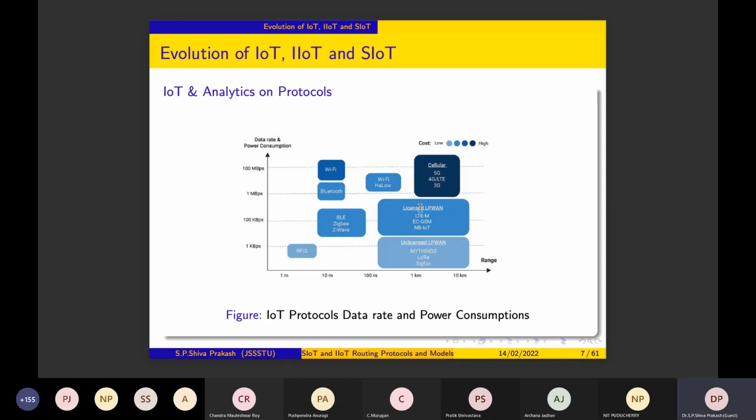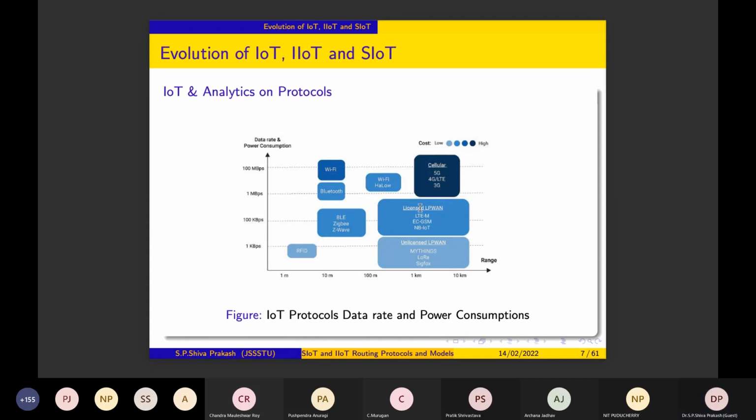Now, if my application demands a max of 10 meters, you can go with RFID. Or if my application demands 100 meters or 10 meters or 1 kilometer or 10 kilometers, depending on these things, we try to choose the protocols. Okay.